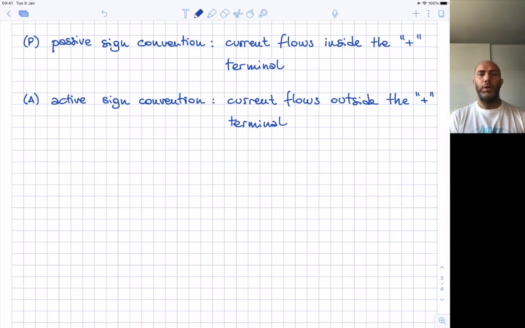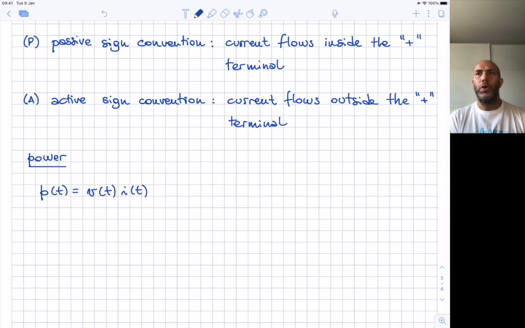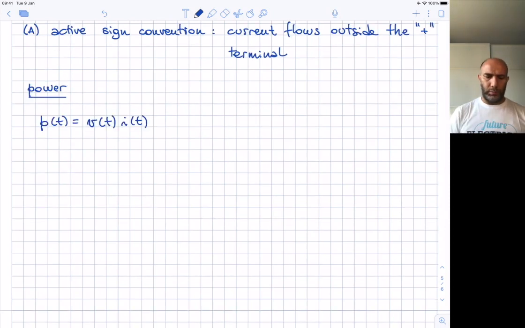Now, according to this sign convention, let's make reference to power. The power associated to a component is always P equal to VI. But this power has different meanings according to the active or passive sign convention.